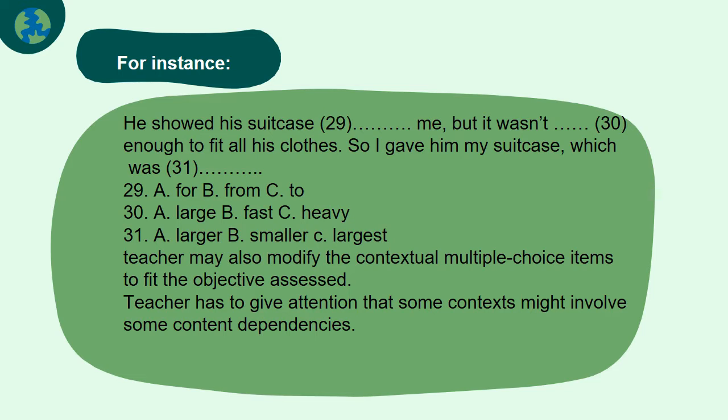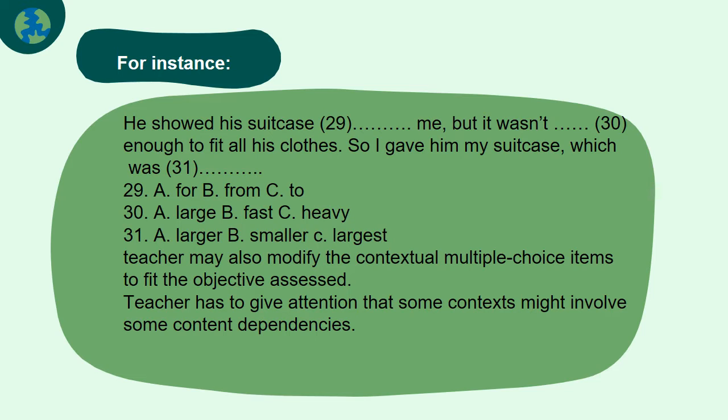So this type of assessment also has a weakness, which is it contains dependencies, because if students get one question wrong, they can also get the next question wrong. Let's take 30 and 31 as examples.